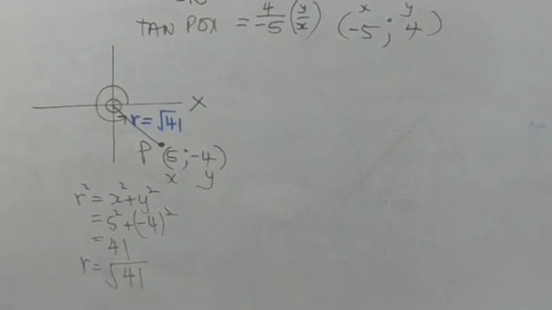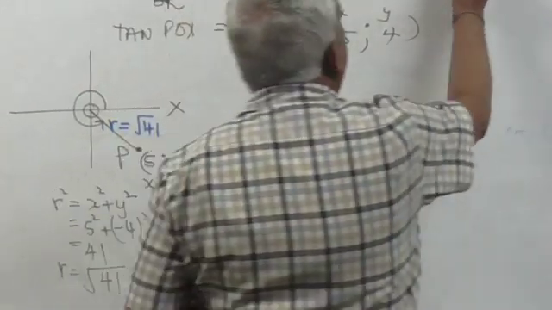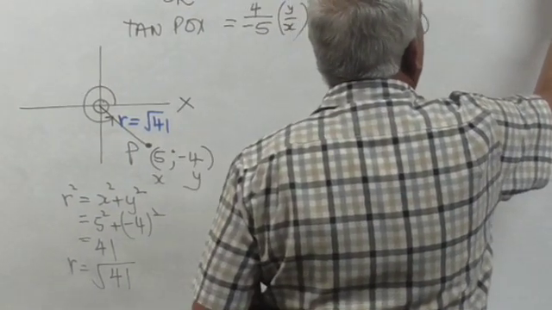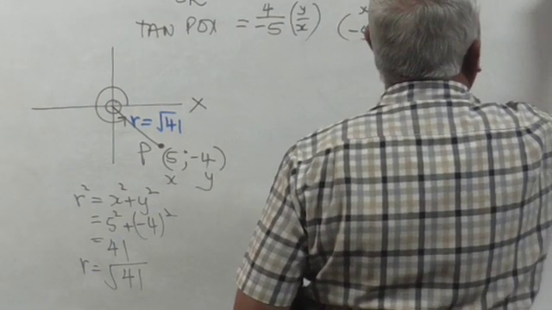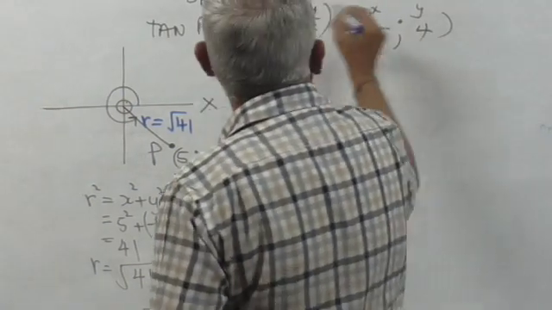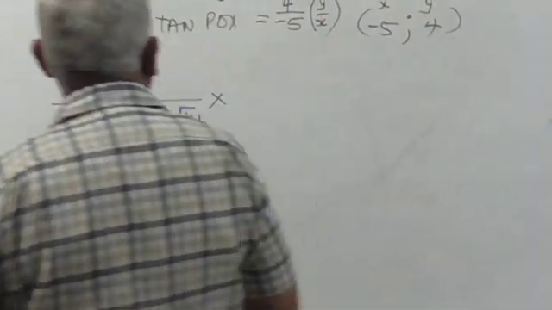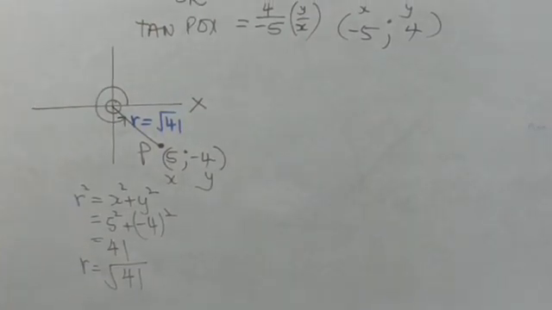Let's say find two values for sine x. Sorry, I forgot what the question was. So we're trying to find two values for sine x. Tan x is that. Find two values for sine x.